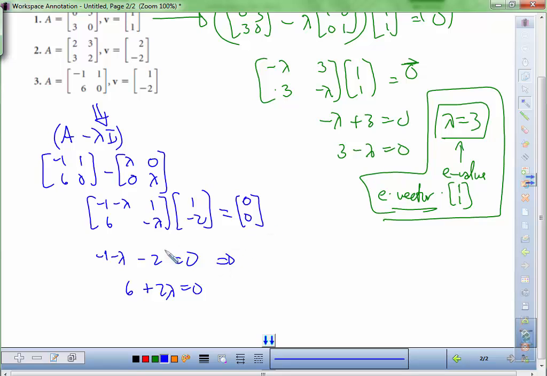And the first one we get negative 3 to the other side, positive, and then negative. So lambda is equal to negative 3. And this should be the same, negative. Yeah. So that's your eigenvalue for the corresponding eigenvector. Okay?